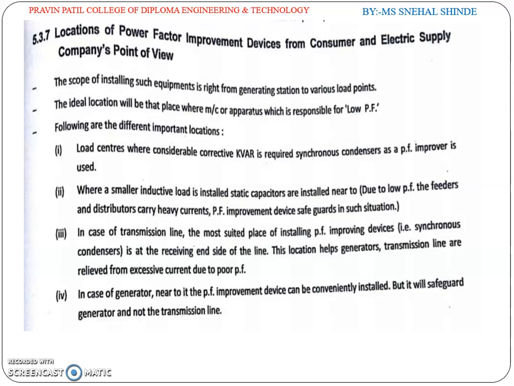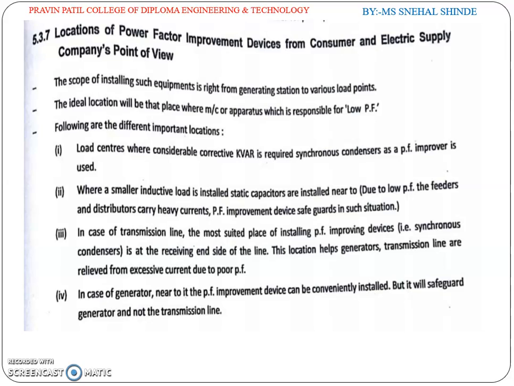In case of transmission system, this should be installed at the receiving end so that not only the generators but also the transmission lines are relieved of carrying excessive current due to the poor power factor.